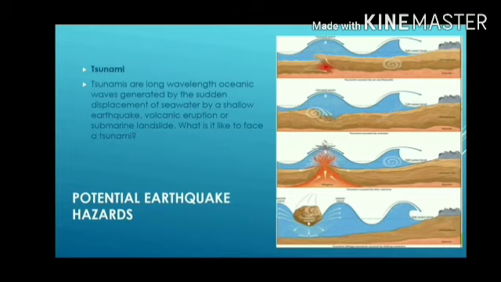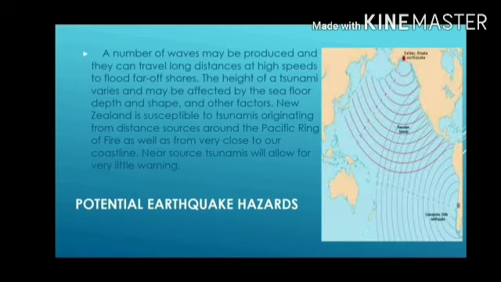Even ones that occur above the waterline, shock waves coupling with sea waves can produce tsunamis up to 3 meters in height. So a number of waves may be produced and they can travel long distances at high speeds to flood far off shores.